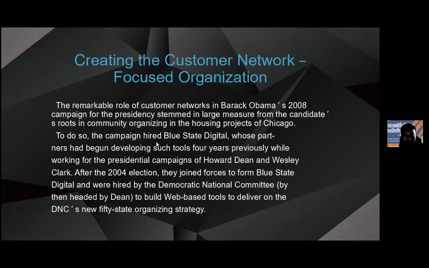To do so, the campaign hired Blue State Digital, whose partners had begun developing such tools four years previously while working for the presidential campaign of Howard Dean and with Clark. After the 2004 election, they joined forces to form Blue State Digital and were hired by the Democratic National Committee to build a web-based tool to deliver on the DNC's new 50-state organizing strategy.